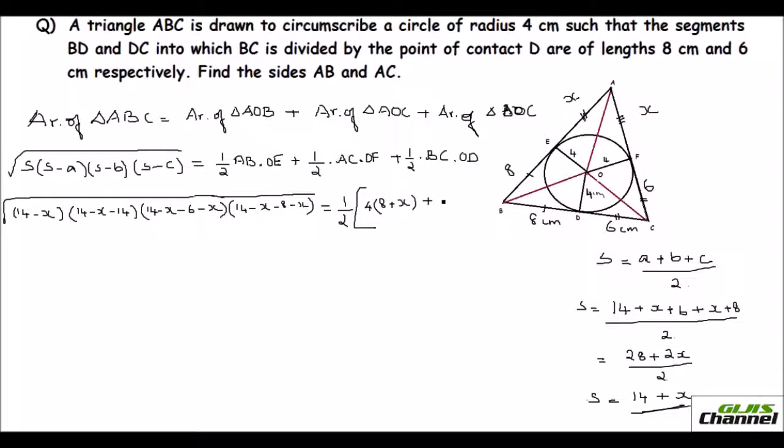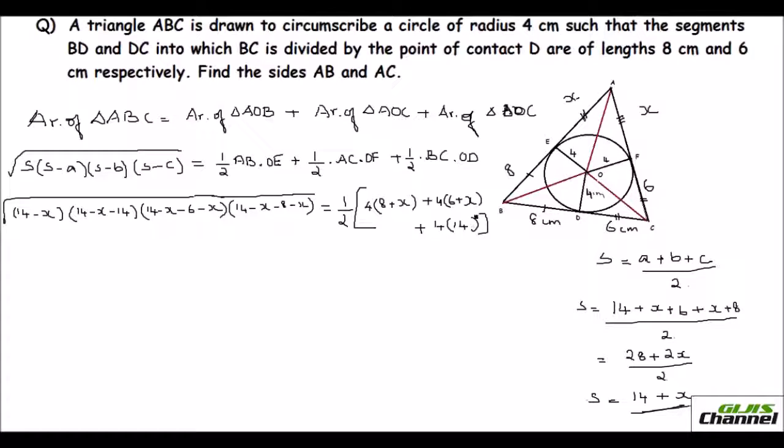OF is again 4, and AC is 6 plus x. So 4 times 6 plus x, right? And here, half is gone out. You have BC times OD. BC is 14 and OD is 4, so I just do 4 times 14. Okay?